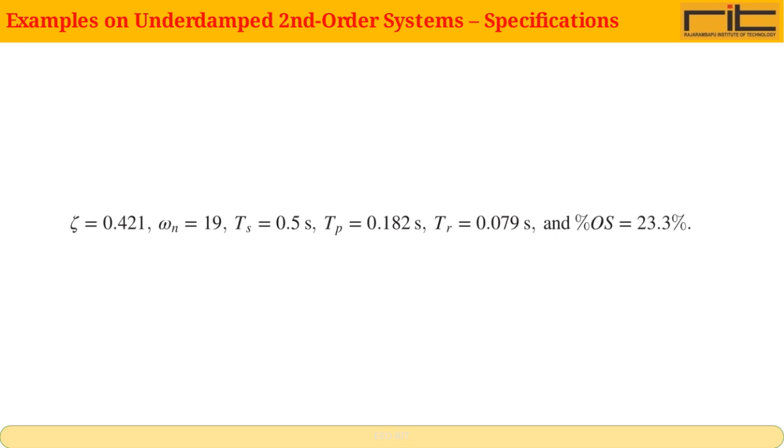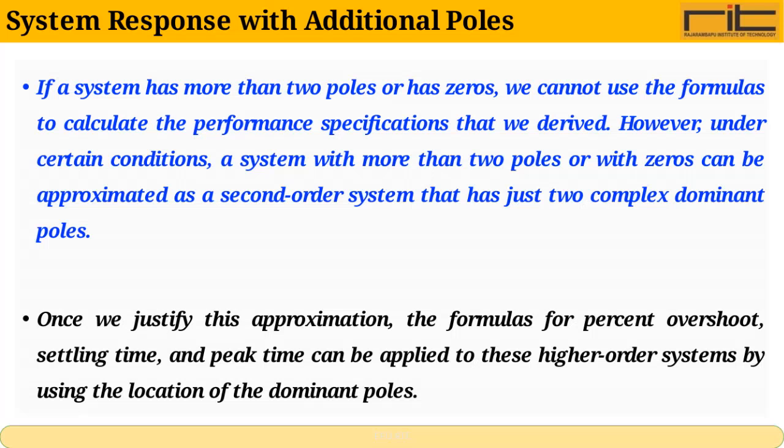outcomes in real-world applications. When dealing with systems that have more than two poles or include zeros, the formulas we derive for performance specifications like percent overshoot, settling time, and peak time don't directly apply. However, there's a useful workaround. Under certain conditions, these higher order systems can be approximated as a second order system by focusing on just two complex dominant poles.